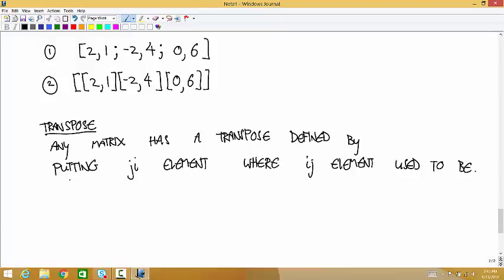So, for example, if A is equal to 1, 2, 3, 4, 5, 6, then A transpose is equal to, well, so this is A11.